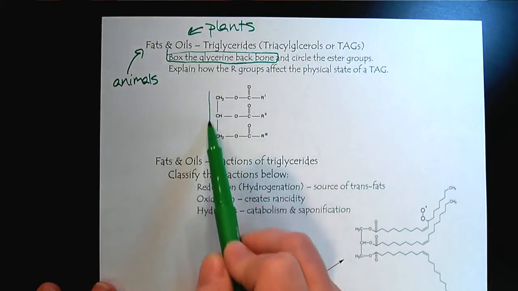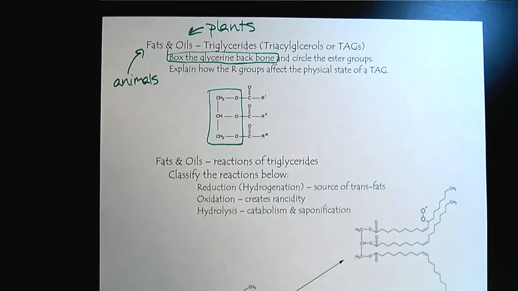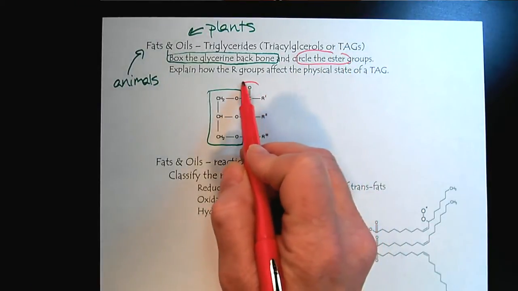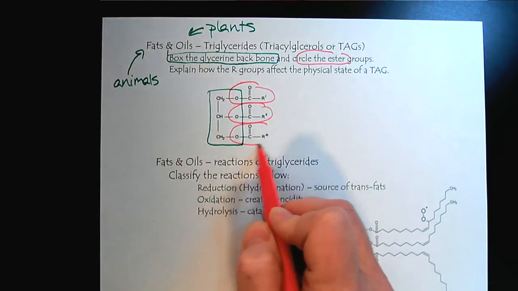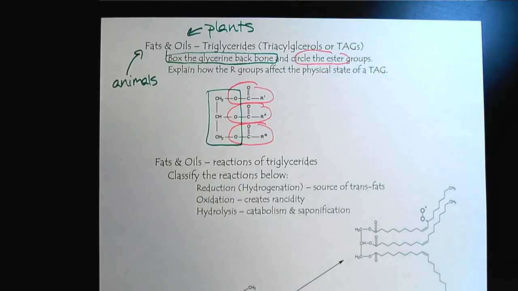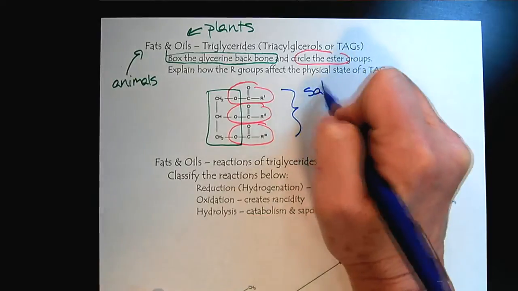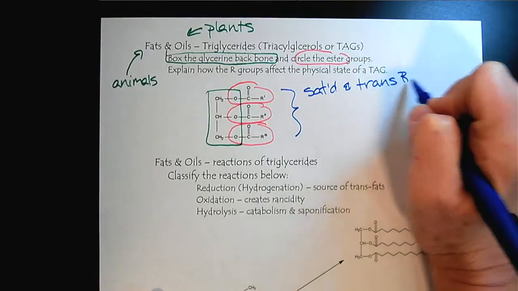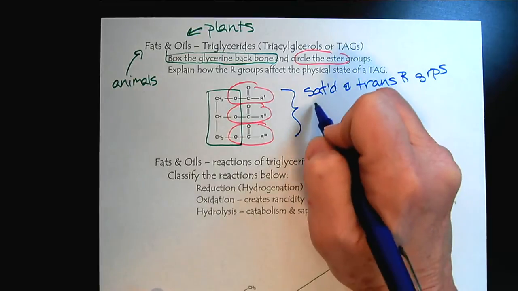And so this is our glycerin backbone, right? So it's just a triol, 3 alcohols all together. And then we'll circle the ester groups. So then here would be the ester groups right there. And then as we just saw from our fatty acid review, saturated and trans R groups tightly pack to form solids at room temperature.